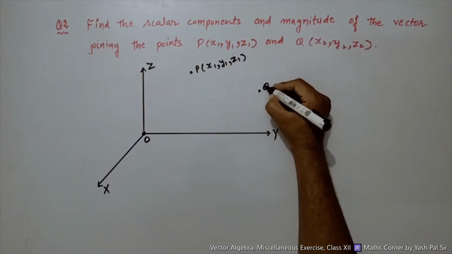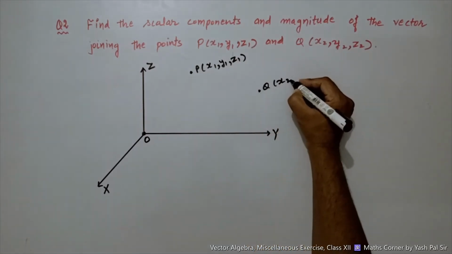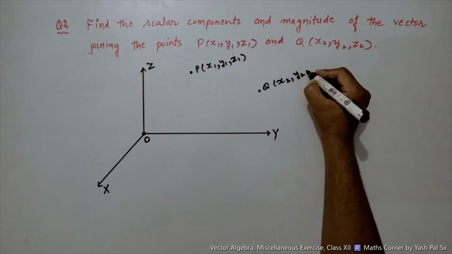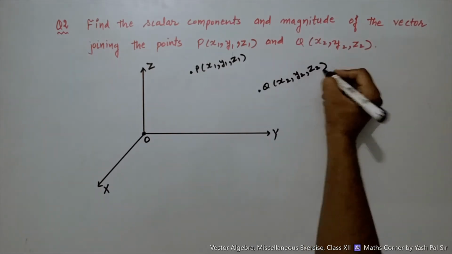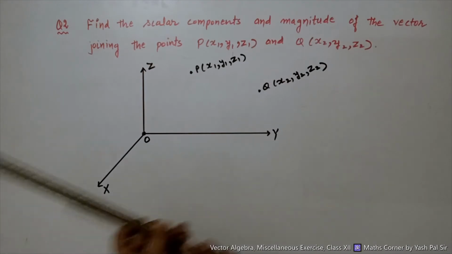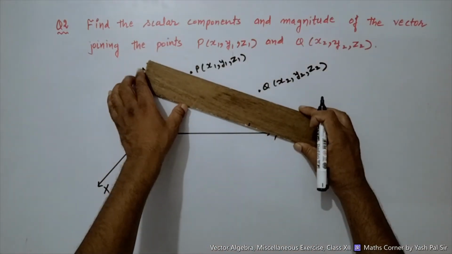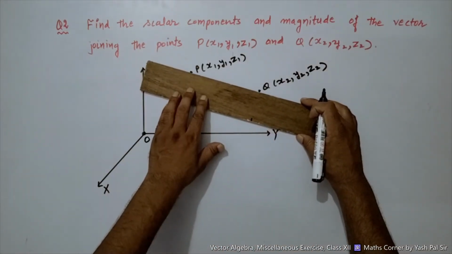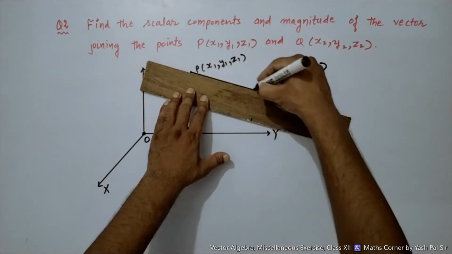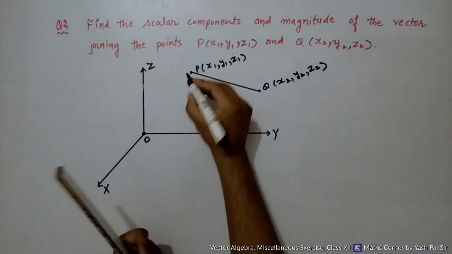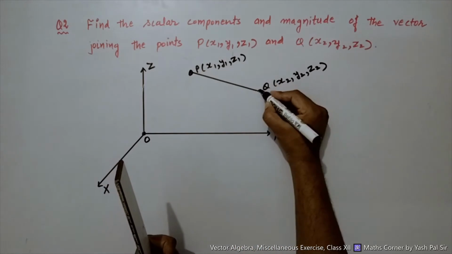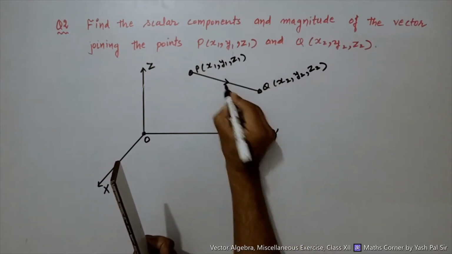Q is another point, coordinates are x2 y2 z2. Now we are required to find the vector PQ.